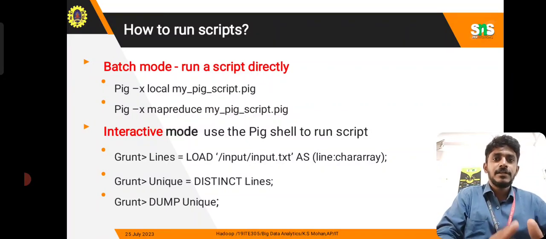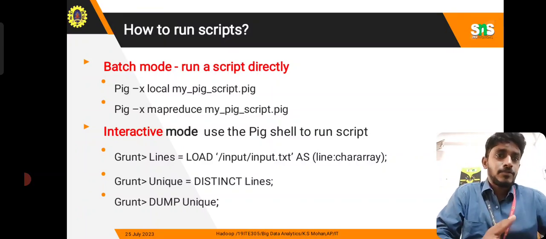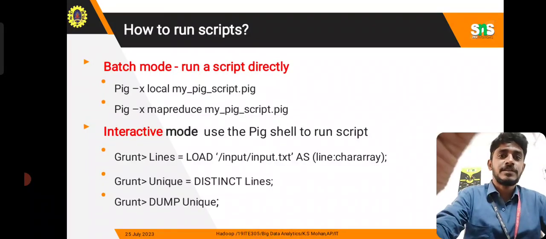We can run the scripts very easily this way. Batch mode and interactive mode run the scripts using the following codes. We can implement it by putting the codes in, to make Pig easy to run the scripts. This is a way to run the scripts.